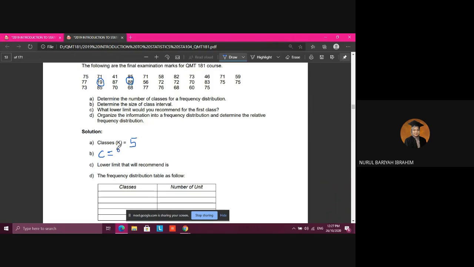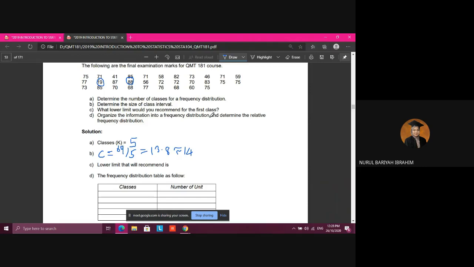Okay, 69 divide dengan nilai K tadi, the classes, which is 5. So, berapa dapat? It is 13.8. So we approximate kepada 14.